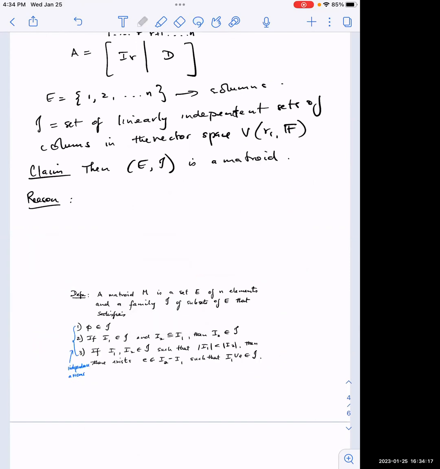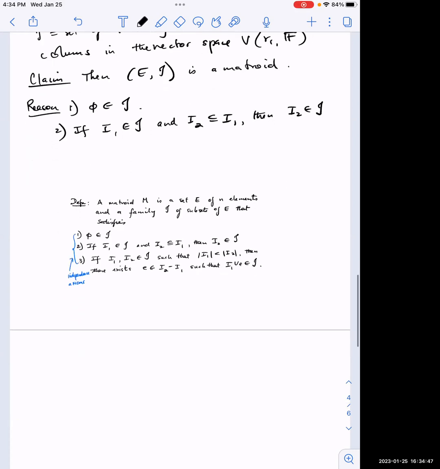The empty set, by our understanding of linear independence, is in I. And if I1 is an independent set and I2 is a subset of the independent set I1, then I2 will be in I. It's just linear algebra there. So the only thing that needs examination is number 3.